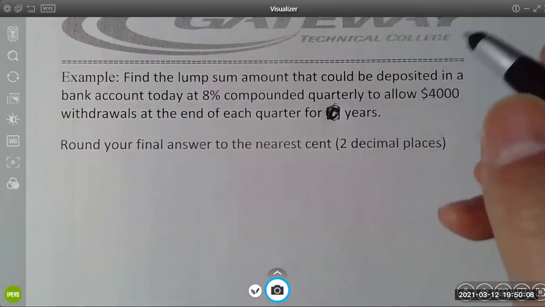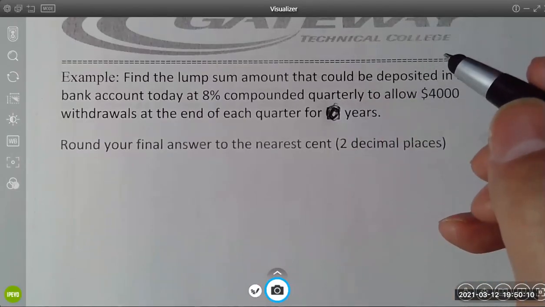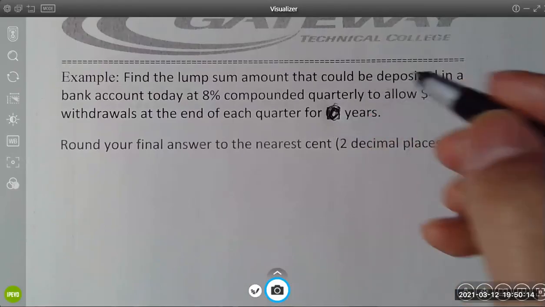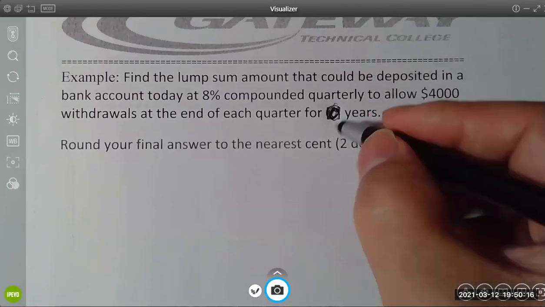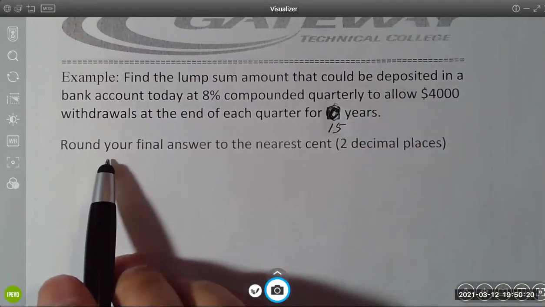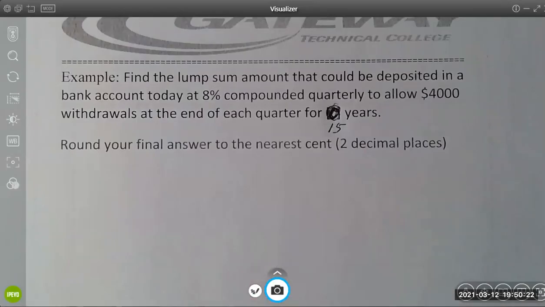Let's just make up a number. For how many years? It really doesn't matter. Let's make it 15 years. Now, round your final answer to the nearest cent.